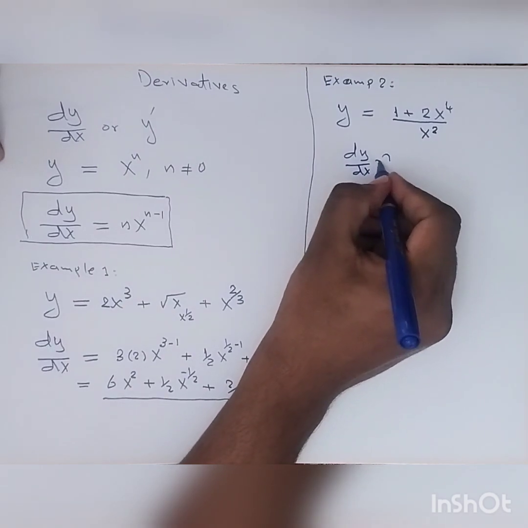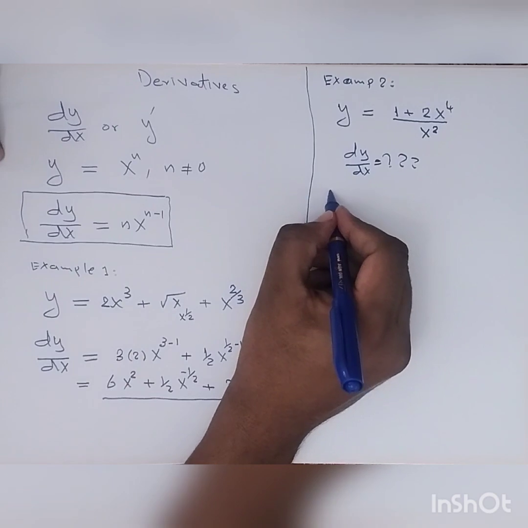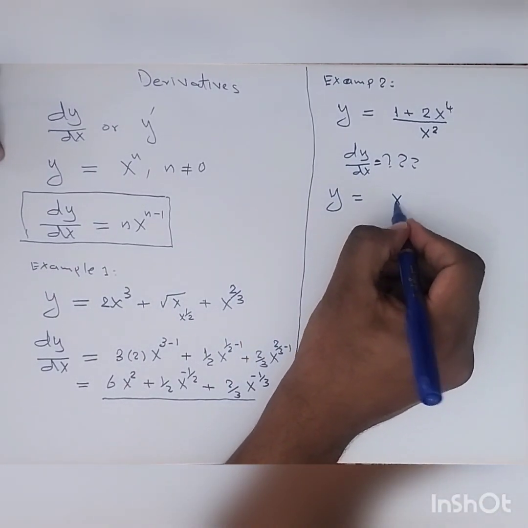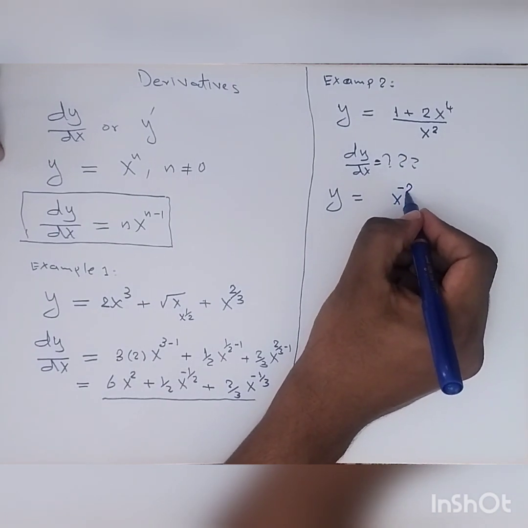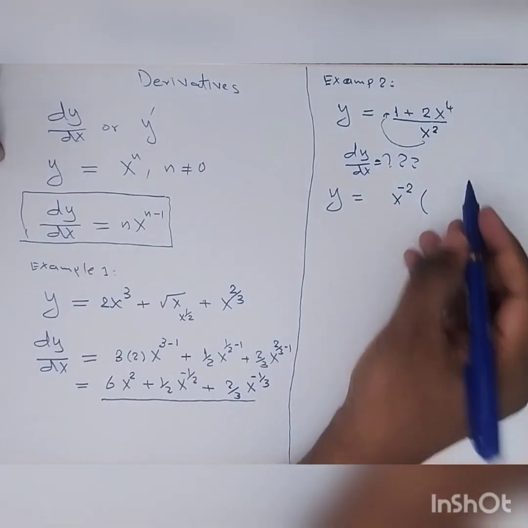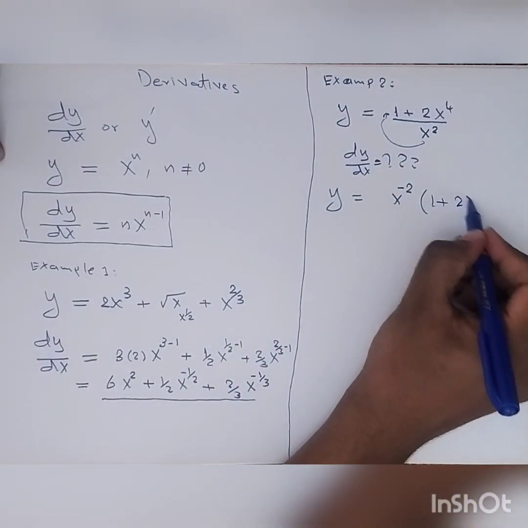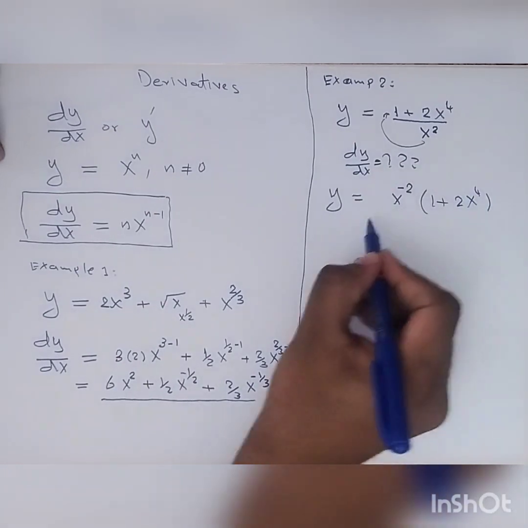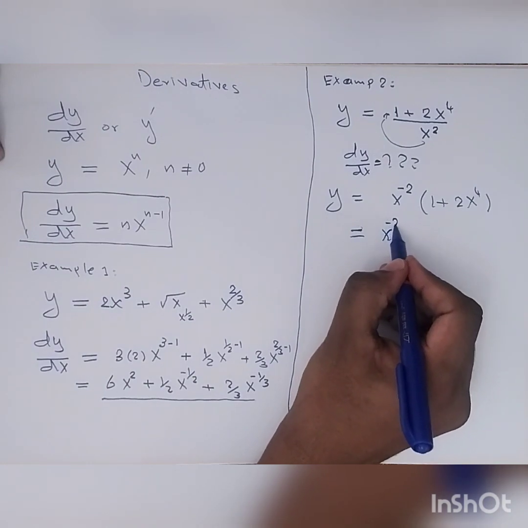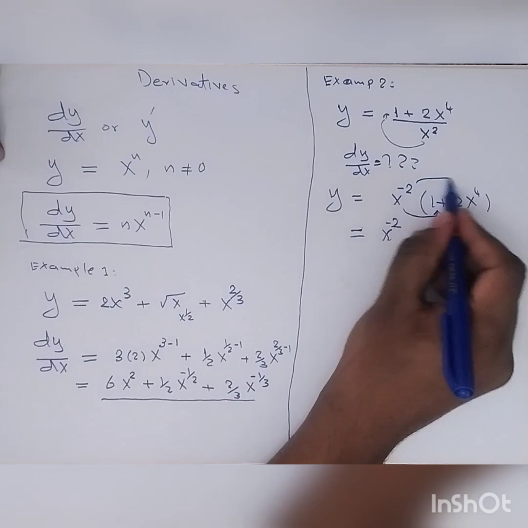So this is what we want. Now we can rewrite this function in this form. We can say y is equal to x to the power negative 2. We just bring this up, so it comes as negative, and then here we would have 1 plus 2x to the power 4. Then that will become x to the negative 2, because we need to distribute the multiplication.